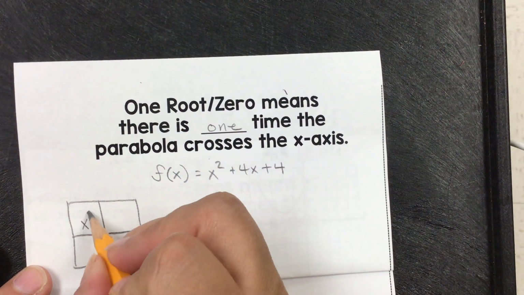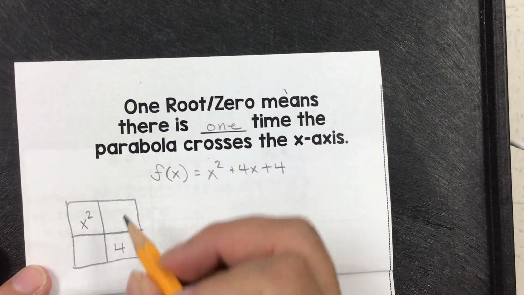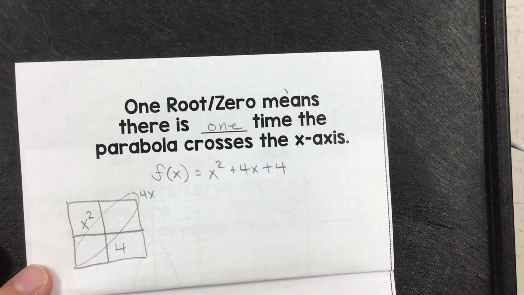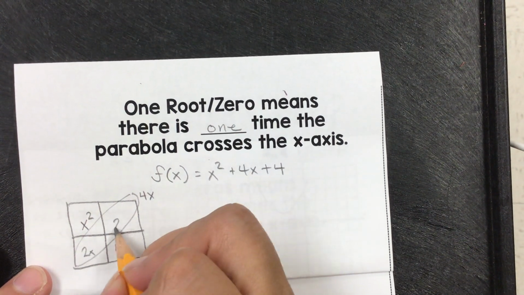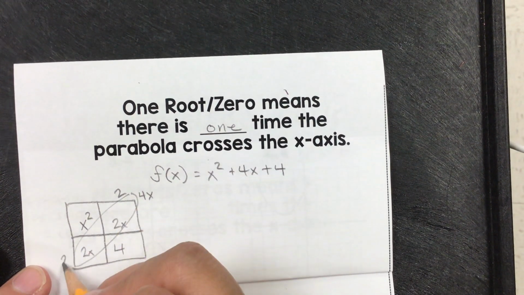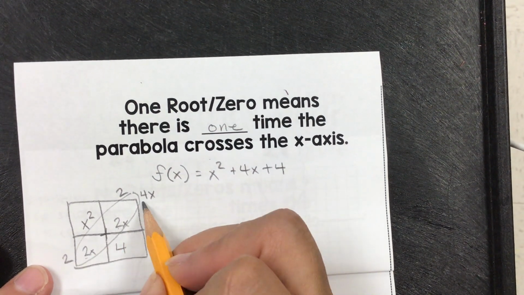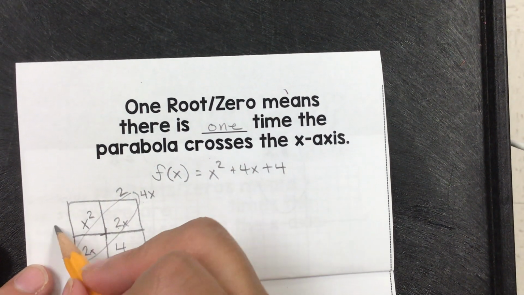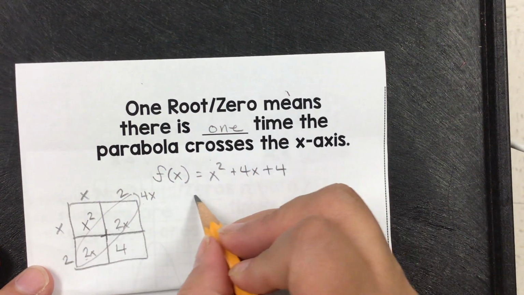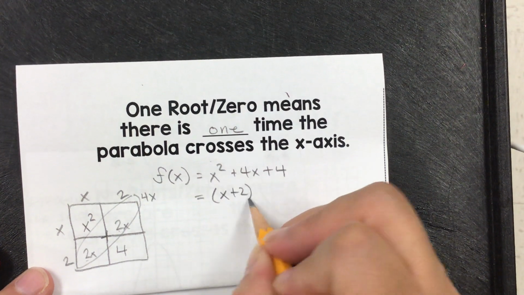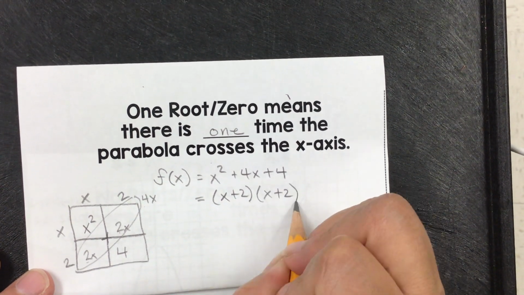So this would be x squared, this would be 4, and when you add them together, it would be 4x. Well, it would be 2x and 2x because 2 times 2 makes 4, and 2 plus 2 make 4. That means this is x and this is x, making our factors x plus 2, x plus 2.